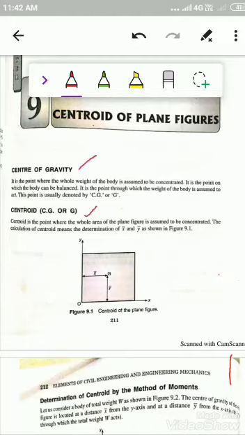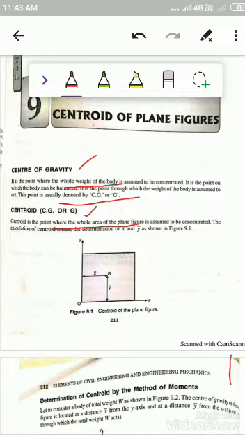In the center of gravity, the whole weight of the body is assumed to be concentrated at a point. Whatever the size of the body, the whole weight of the body is assumed to be concentrated at a single point. That we call the center of gravity, denoted by Cg or G. In the case of the centroid, the whole area of the body or plane figure is assumed to be concentrated at a single point.